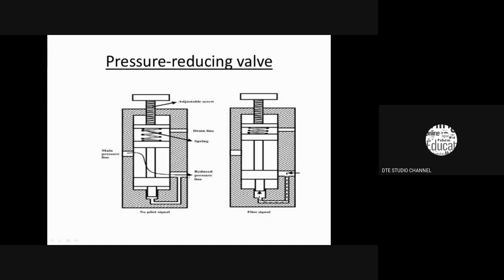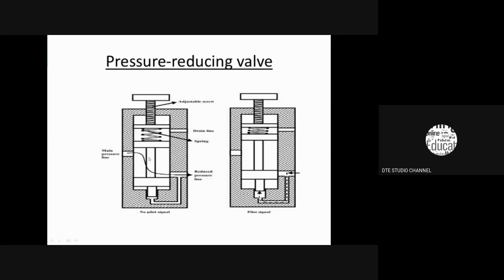At the opposite end of the valve is the outlet port. This is a tank port, connected to the reservoir, and one more port, the drain line, is there. There is a spool in the valve. Initially, whenever the fluid pressure is low, this is the position of the spool.